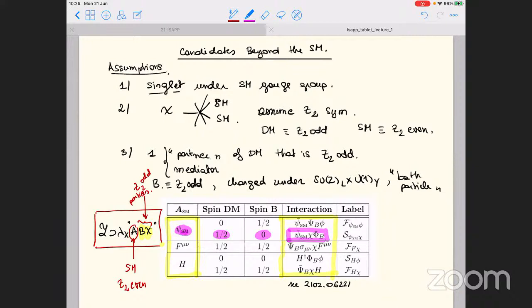Now, most of what I'm going to tell you is going to be completely applicable to potential other models that we have here in the list.